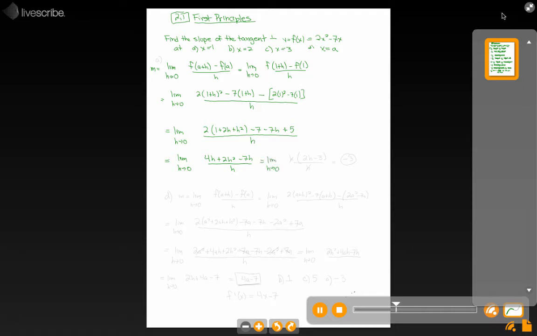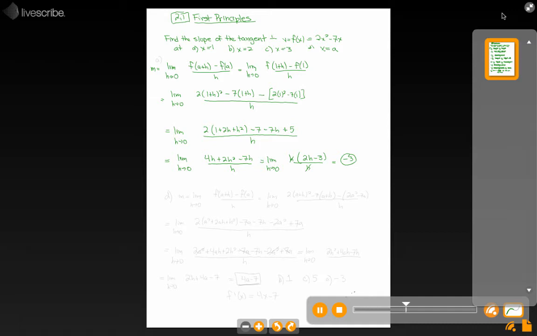If you now factor out an h top and bottom, you end up with h times (4 plus 2h minus 7) over h, and as h goes to 0, I get an answer of negative 3 for the slope of my tangent line.